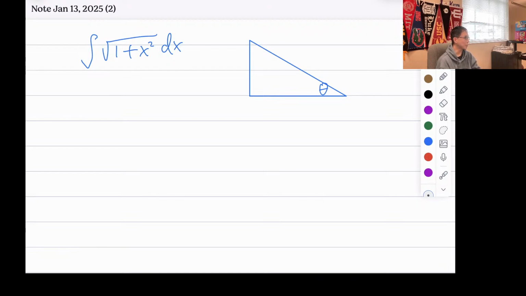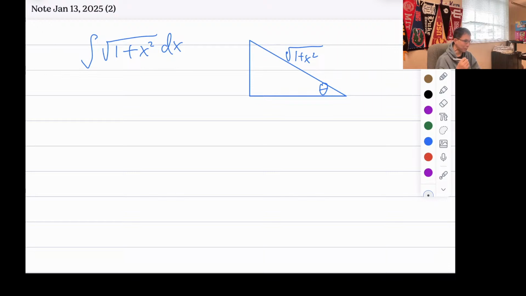Does that have to be adjacent, hypotenuse, or opposite? It has to be the hypotenuse. Good. The reason why this one has to be the hypotenuse is the Pythagorean identity.